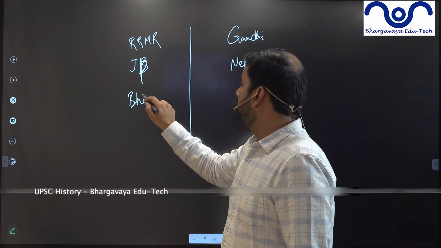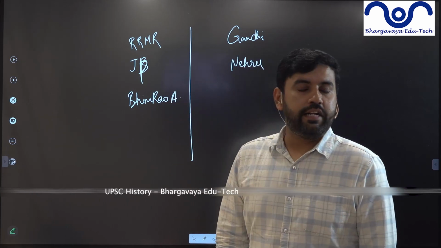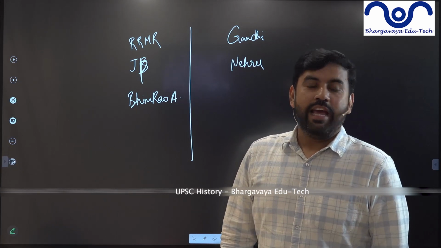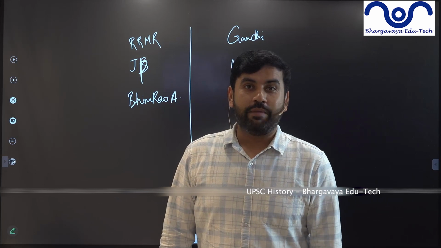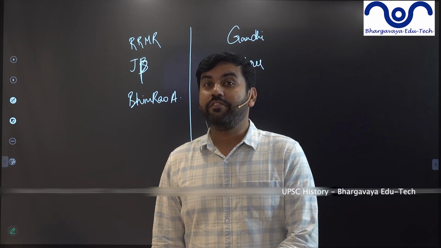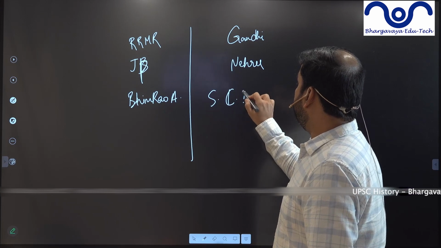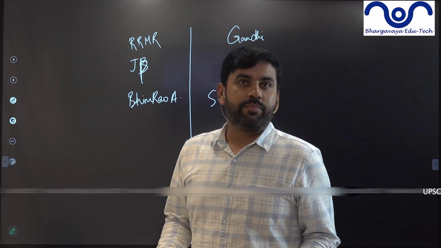Bhim Rao Ambedkar. Did he participate in India's freedom struggle? No. He was a social reformer. He was a politician. But he did not participate in the freedom struggle. But here I will write Subhash Chandra Bose. Now are you getting the difference between both?